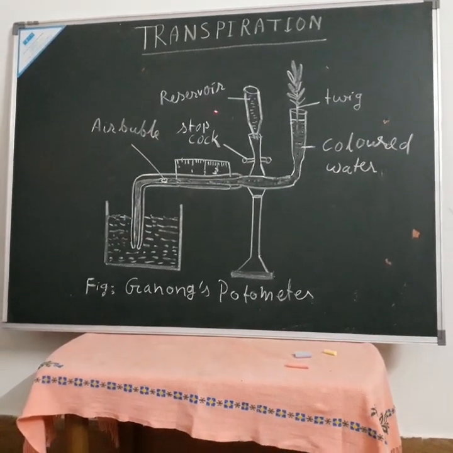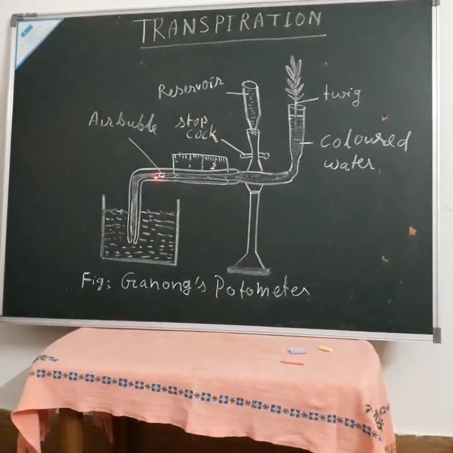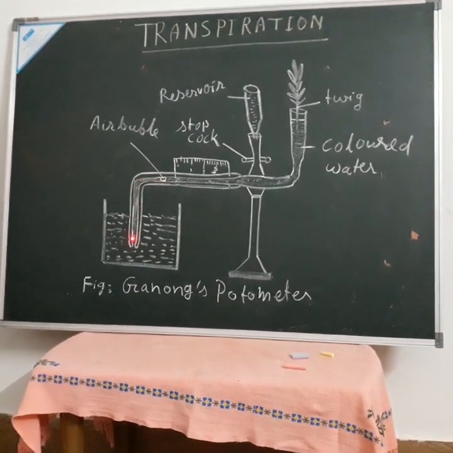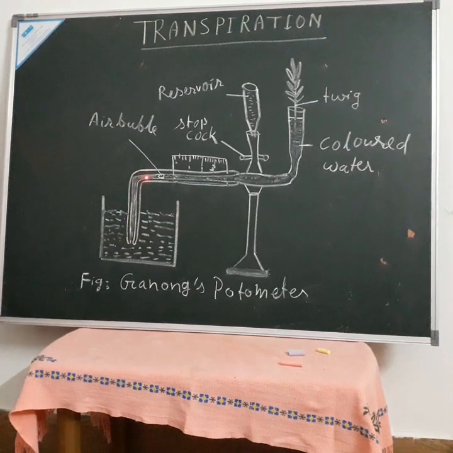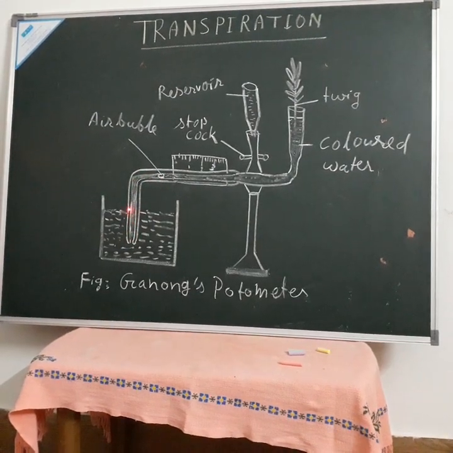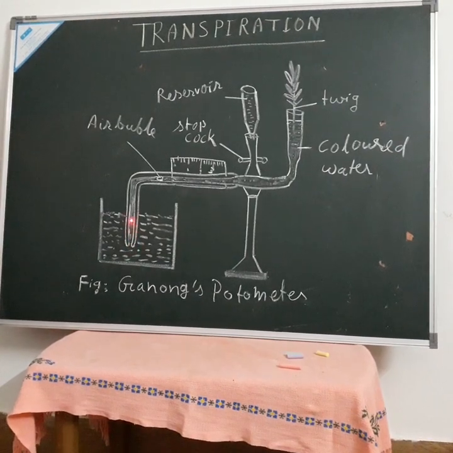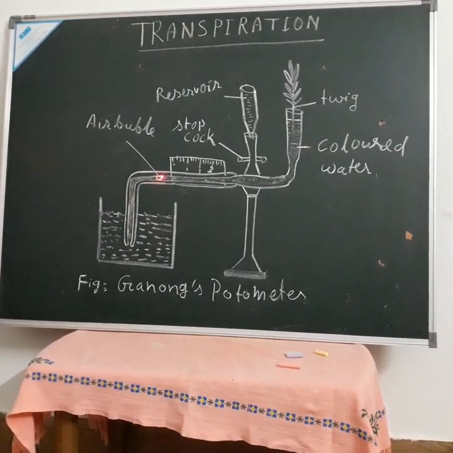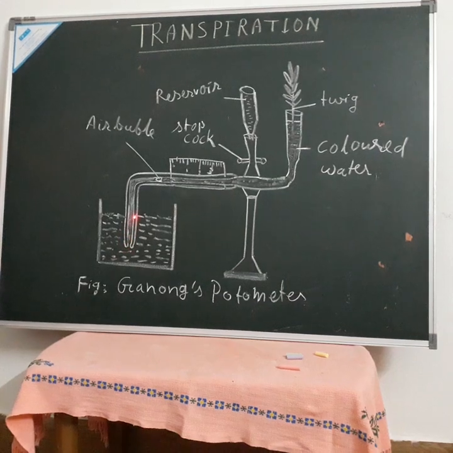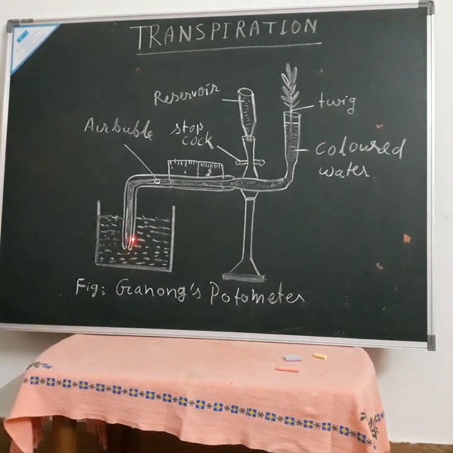So how is this air bubble introduced in this apparatus? By lifting this bent capillary tube just above the water, air is sucked through the capillary tube, and then again this bent capillary tube is dipped down in the water.